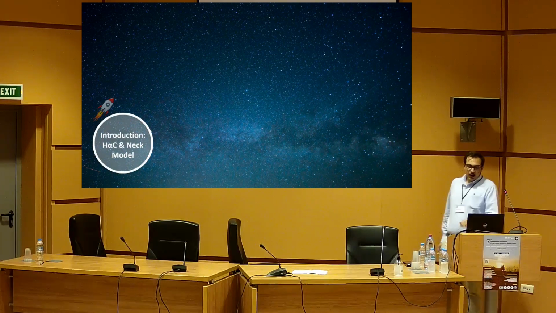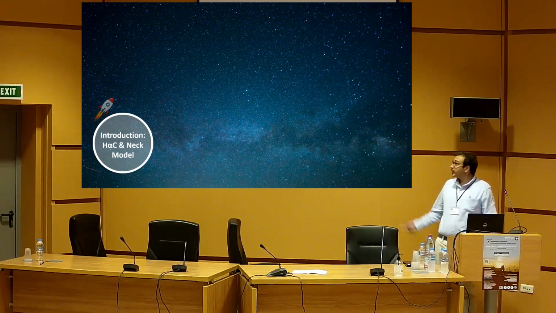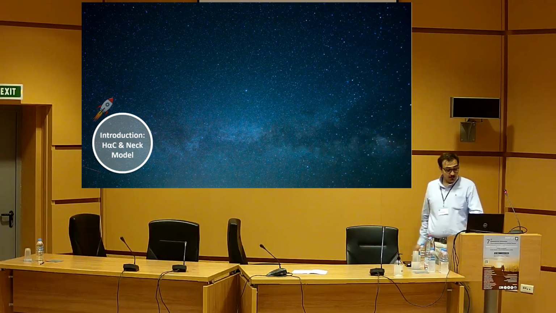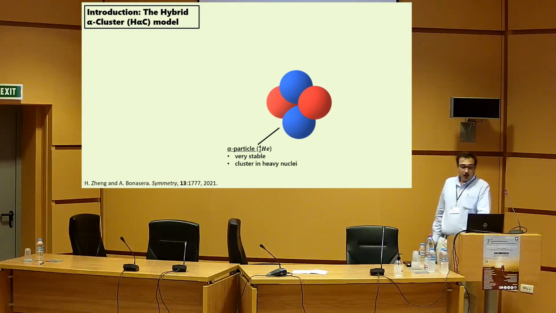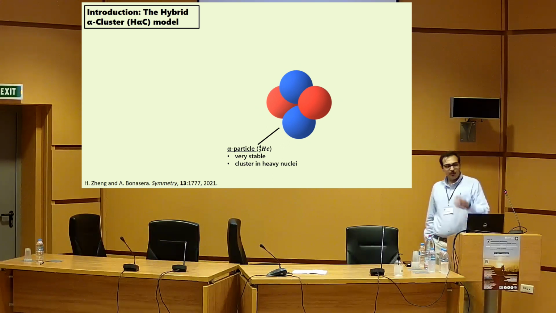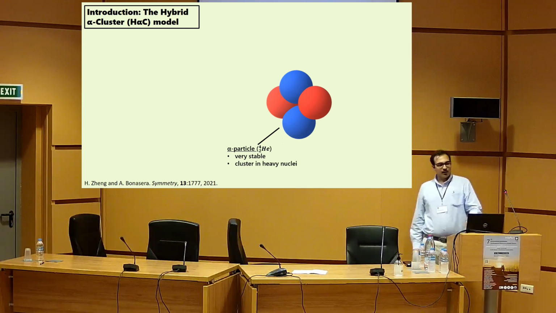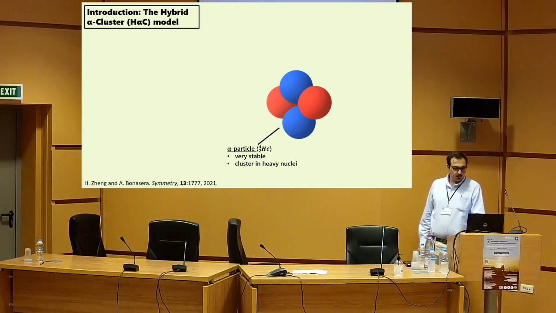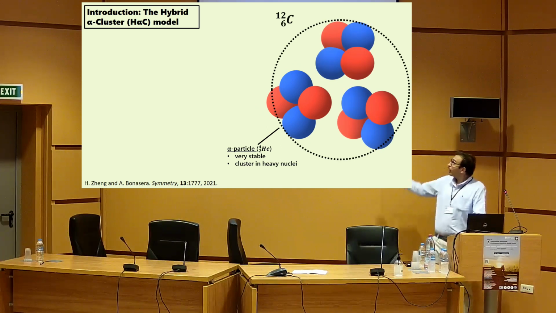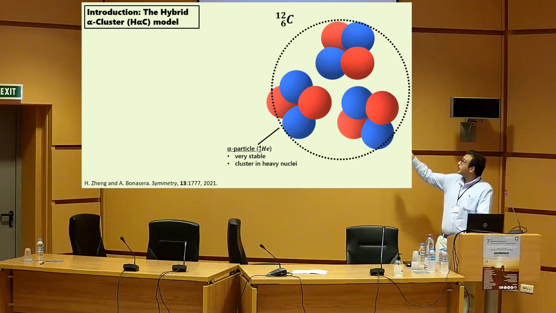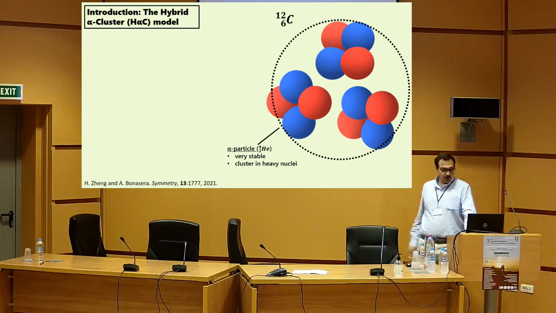First of all, I'll give a brief introduction to the semi-classical models that we're using, that is the HAC and the NEC model. As we know, the alpha particle is one of the most stable nuclei in nature, and for that reason can appear as a cluster in heavier nuclei. For example, carbon-12 may be considered as a set of 3 alpha clusters.